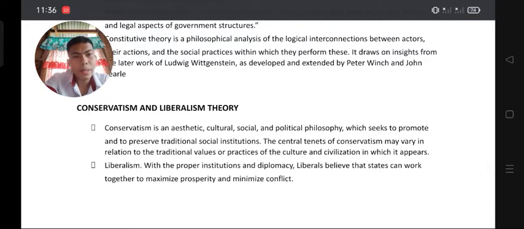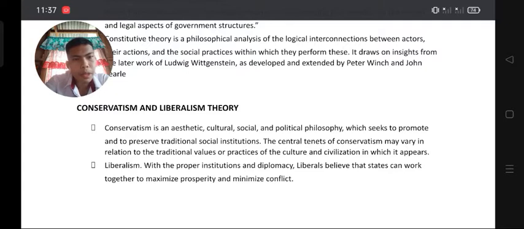Conservatism and liberalism. Conservatism is an aesthetic, cultural, social, and political philosophy which seeks to promote and to preserve traditional social institutions. The central tenets of conservatism may vary relative to the traditional values or practices of the culture and civilization in which it appears.